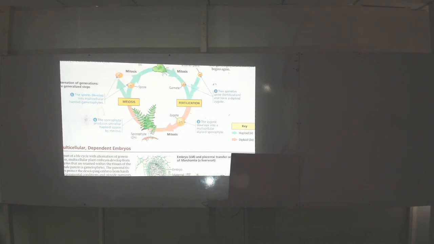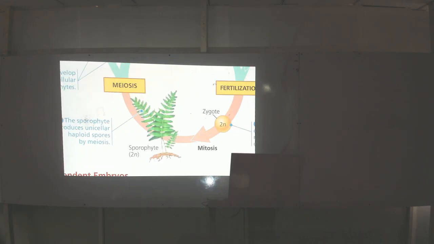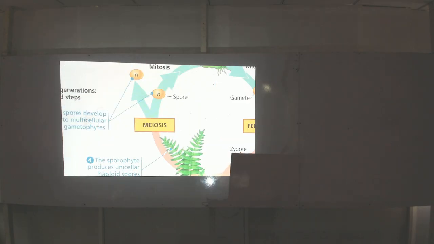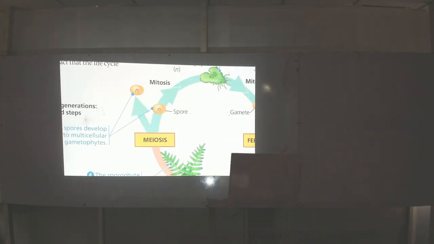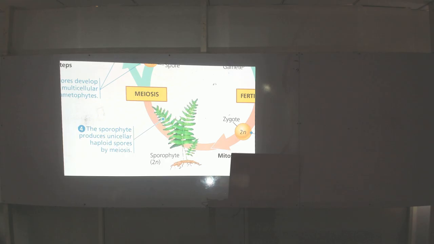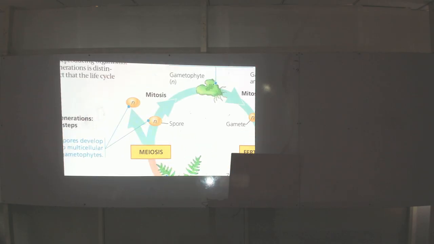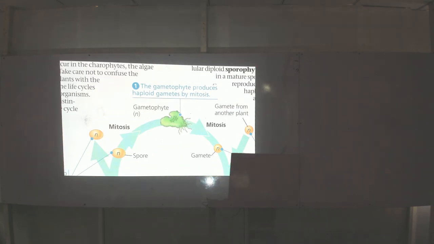Diploid sporophyte. The sporophyte produces spores. Right? Spores develop into the next generation, called the gametophyte, haploid.